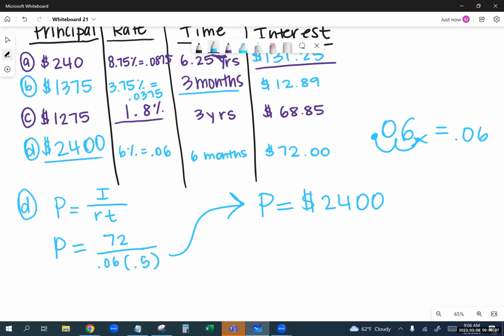The alternative would be 72 equals P times 0.06 times 0.5, and then me trying to explain to y'all that you've got to divide everything by both of those. You know what I mean? That's why I went ahead and showed y'all the different variation to solve for what it's asking for.